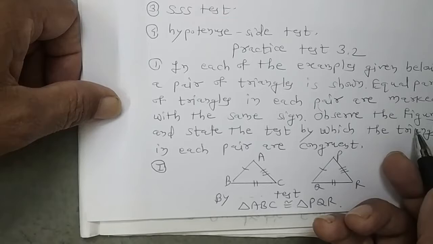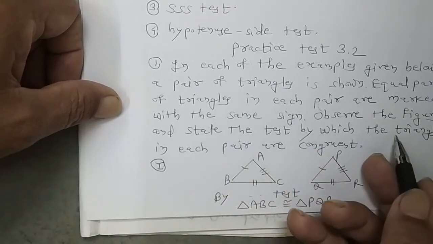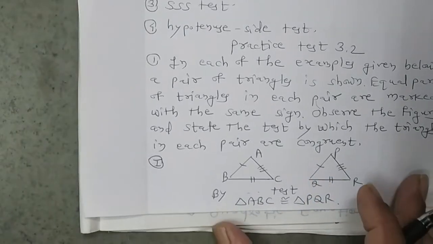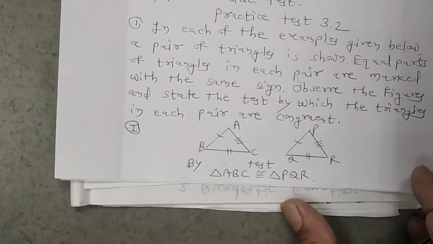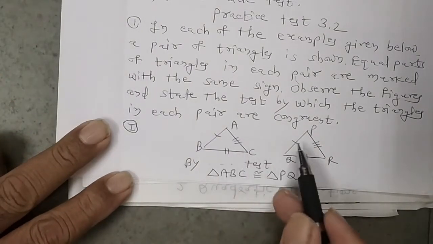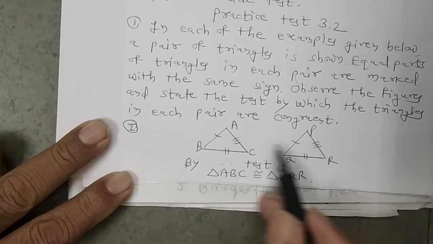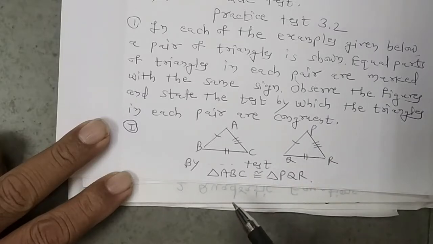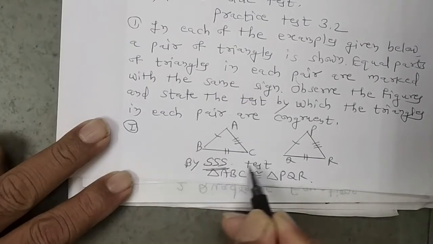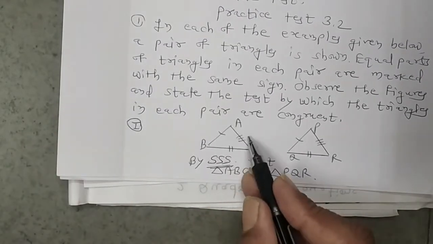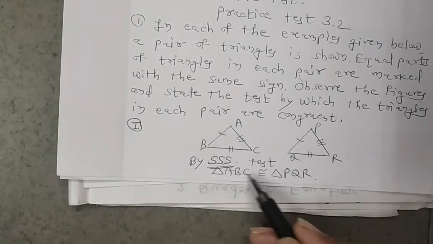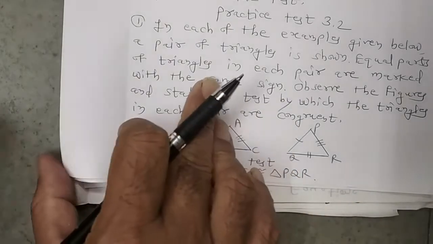Observe the figures and state the test by which the triangles in each pair are congruent. Here all three sides are congruent to the corresponding three sides. Therefore, by the SSS test, these two triangles are congruent. Triangle ABC congruent to triangle PQR.